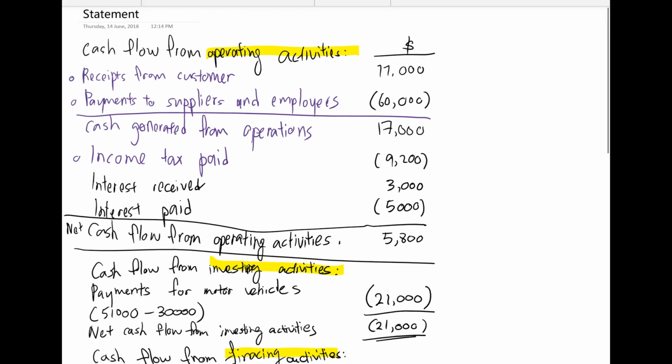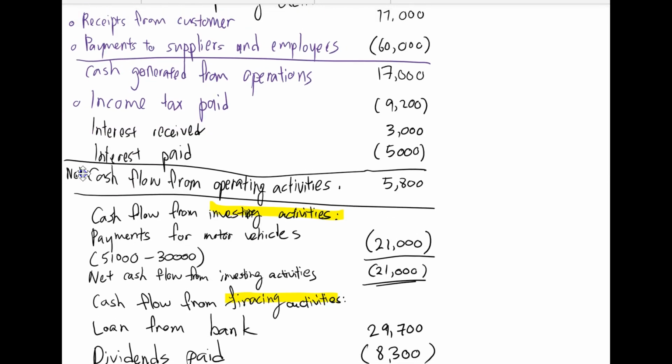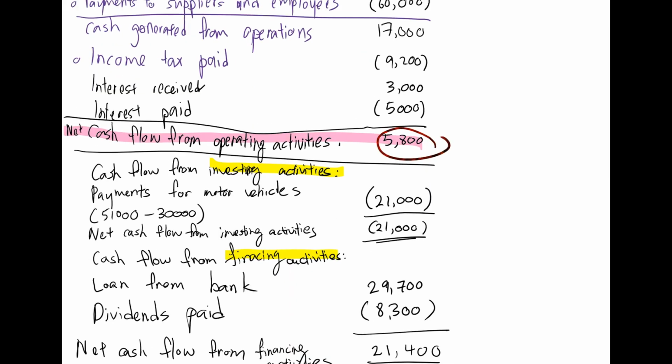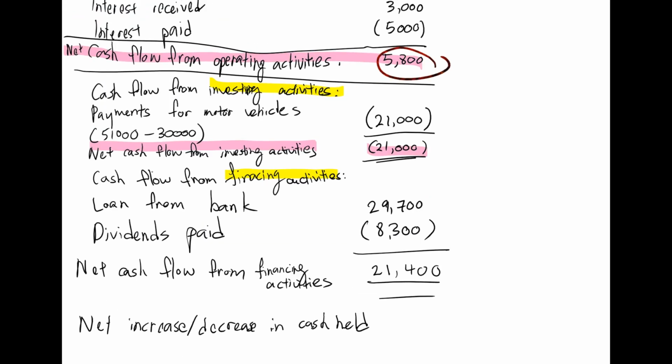For example, you're going to take the net cash flow from operating activities, which is 5,800. We are going to take the net cash flow from investing activities, which is 21,000, and we are going to take the net cash flow from financing activities, which is 21,400.